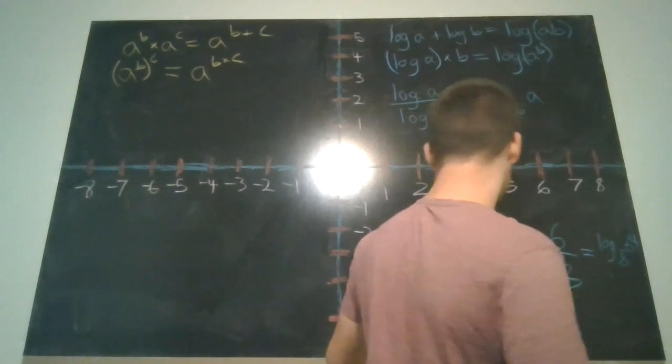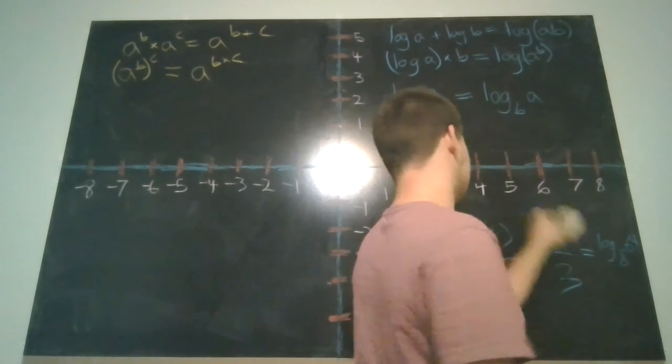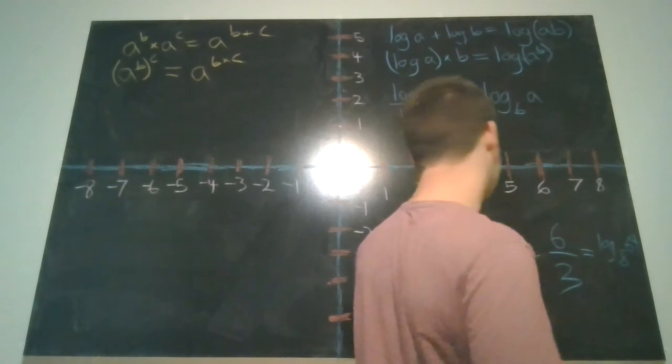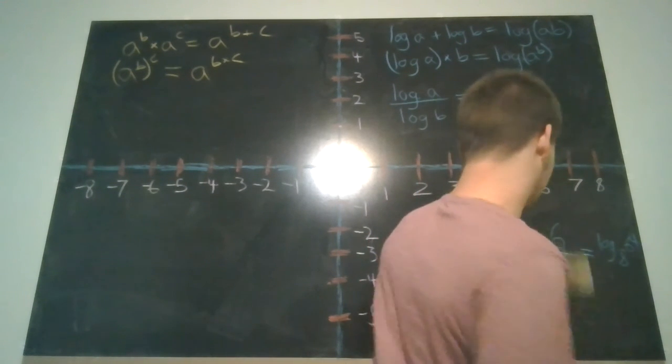So that means that 2 to the third is 8, 2 to the sixth is 64, and 8 to the second is 64. That's kind of an example of working that out.